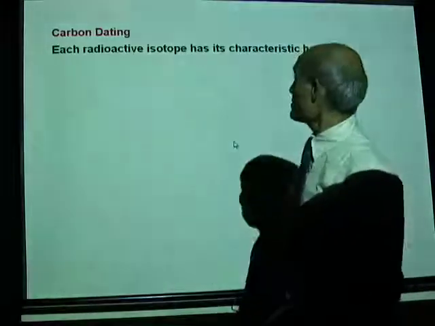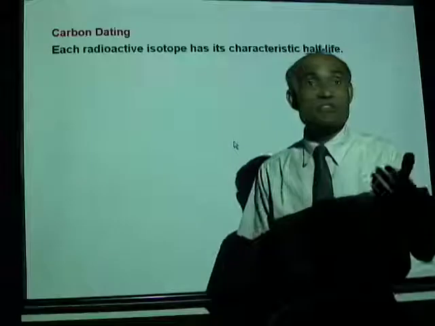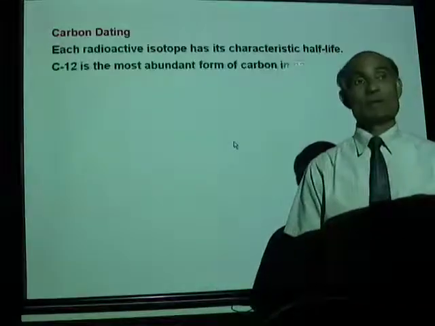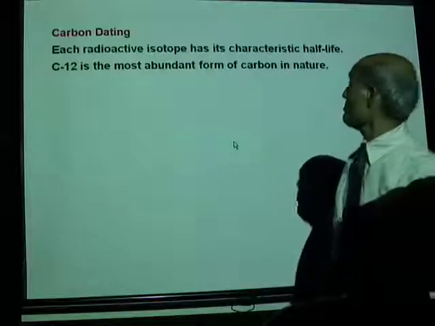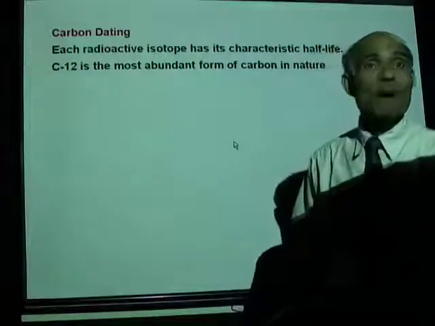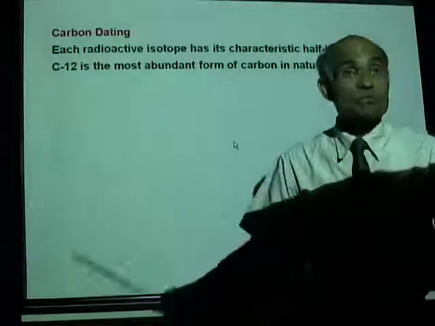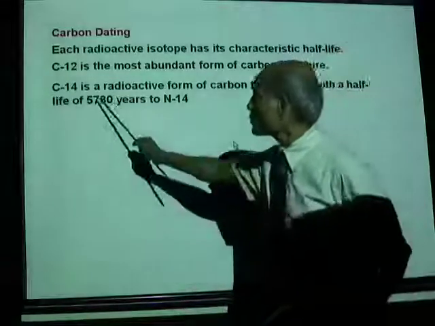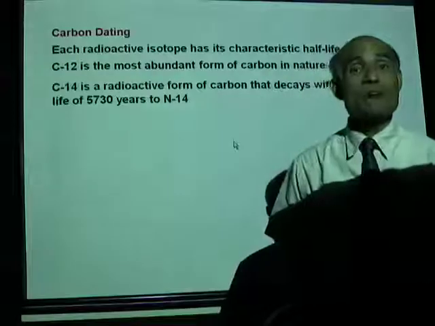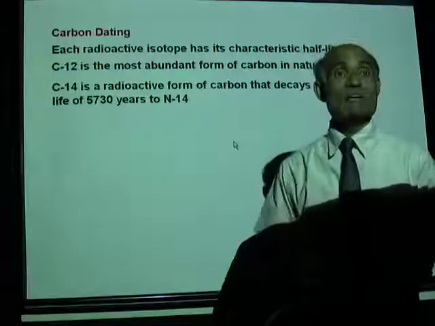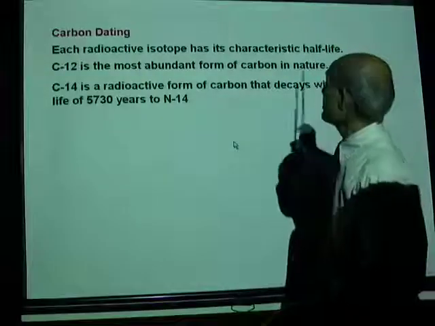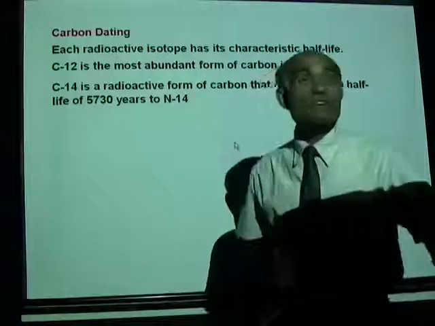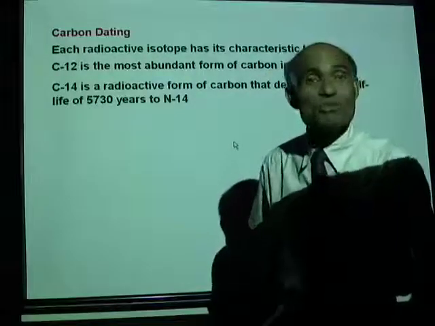So, each radioactive isotope has its own characteristic half-life. Now, carbon 12 is the most abundant form of carbon in nature, and carbon 12 is stable. Whereas carbon 14 is a radioactive form of carbon, and that decays with a half-life of 5,730 years to nitrogen 14.